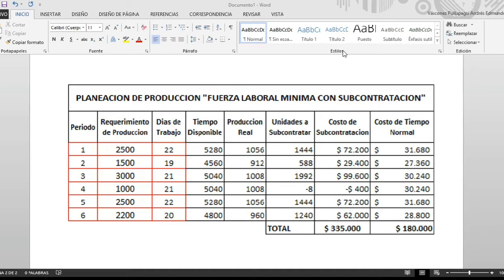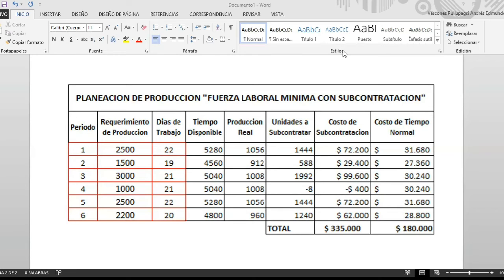For the first period of our example, the available time is 22 times 8 times 30 workers. Available time is 5280. Since we know the available time, we can calculate the actual production for this month.